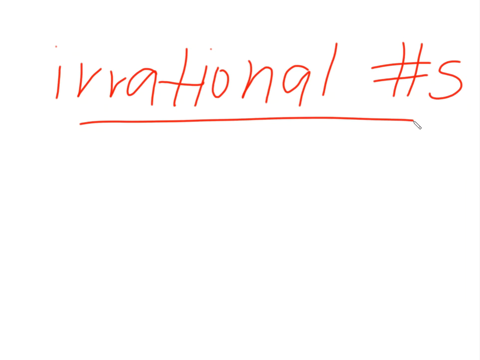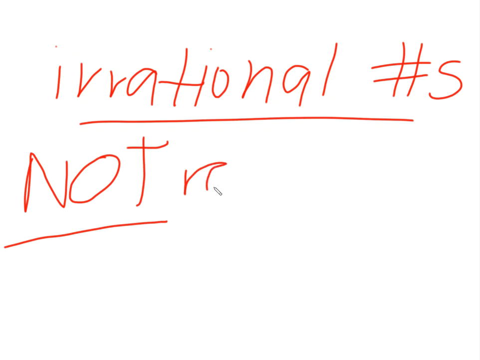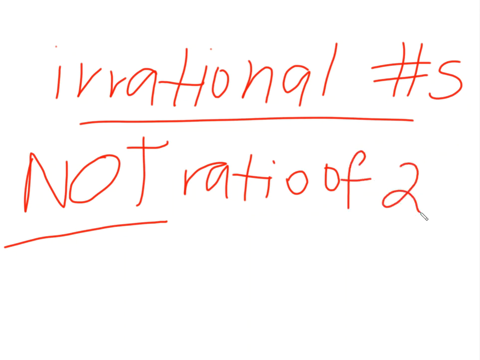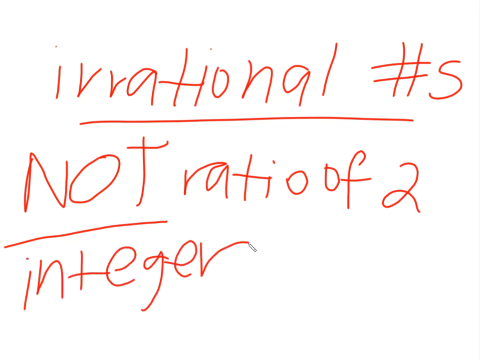So they cannot be written as a ratio of two integers, my bad. And they are non-repeating decimals, so they cannot be repeating like 0.666 like we looked at before.